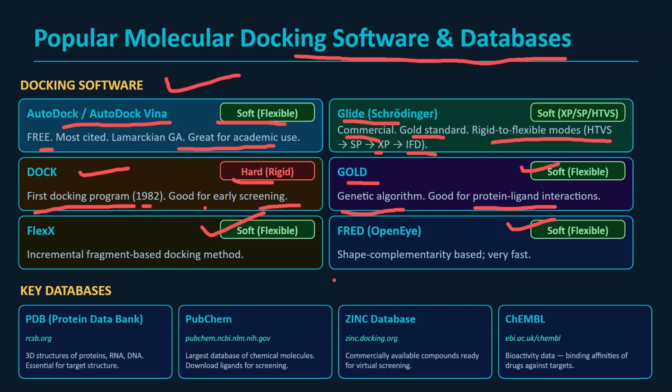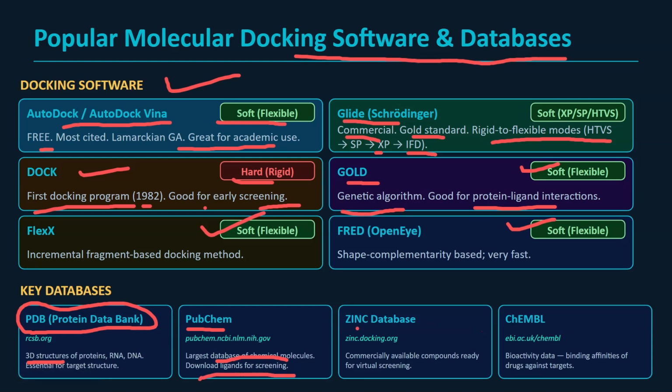There are other databases we also must remember. First is the PDB, one of the very important databases, which contains 3D structures of proteins. This is where you can download the target structures. Next is PubChem, the largest collection of chemical molecules, and it is important because we can download the ligands for screening.